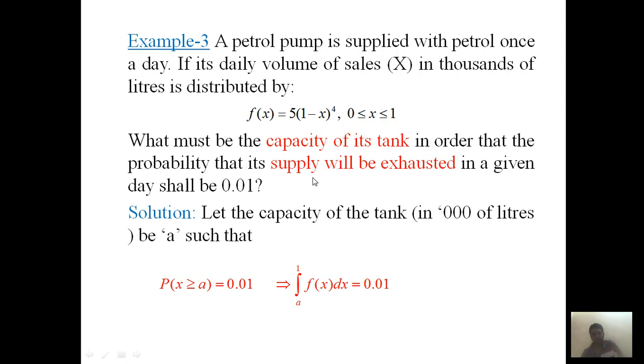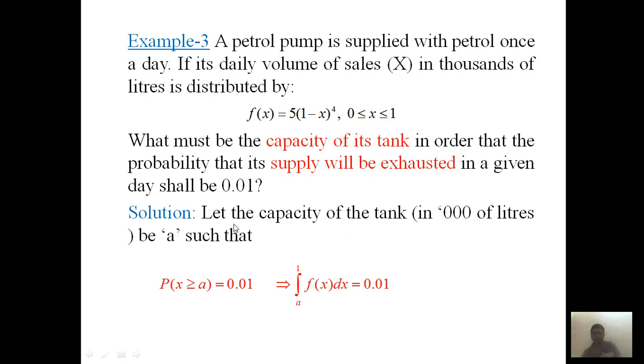Now the second statement says that the supply will be exhausted. So the probability of x greater than or equal to A. Why greater than or equal to A? Because we assume that the capacity of the tank is A, and the supply is exhausted, so the demand for petrol exceeds the capacity of the tank.